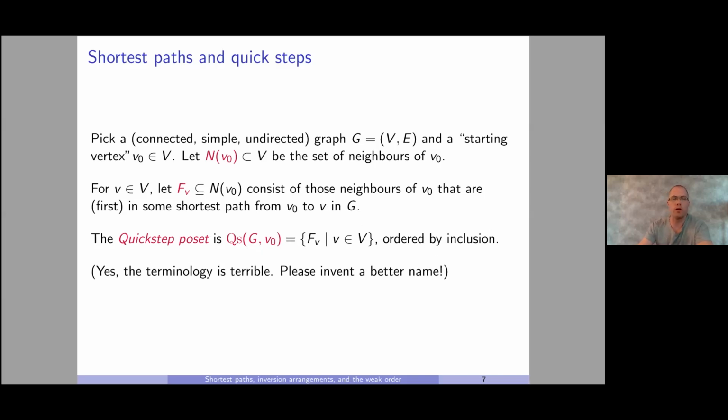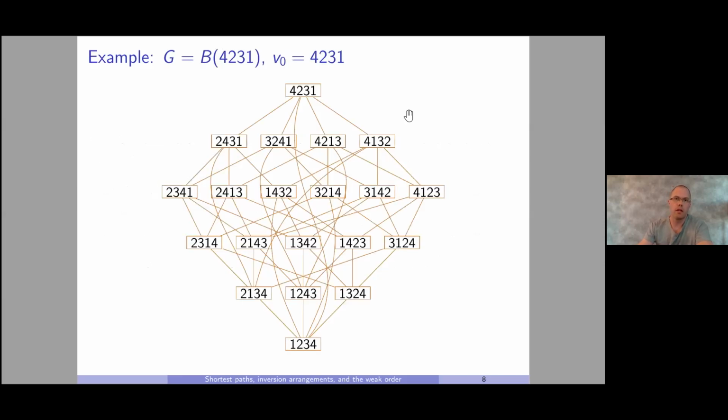So of course, now we'll apply this to Bruhat graphs. So here is the Bruhat graph again with this example element 4231. And we want to describe this quick step poset with starting vertex the top one. So remember, the idea here was that we want to understand what kind of information we get ignoring the labels and only remembering the incidence structure of this graph.